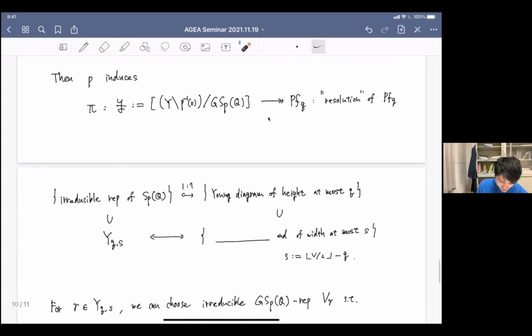And recall that irreducible representations of the symplectic group are in one-to-one correspondence with Young diagrams of height at most Q. We consider a subset of these of width at most S, where S is defined by this. And we write Y_{Q,S} for the subset corresponding under this correspondence.